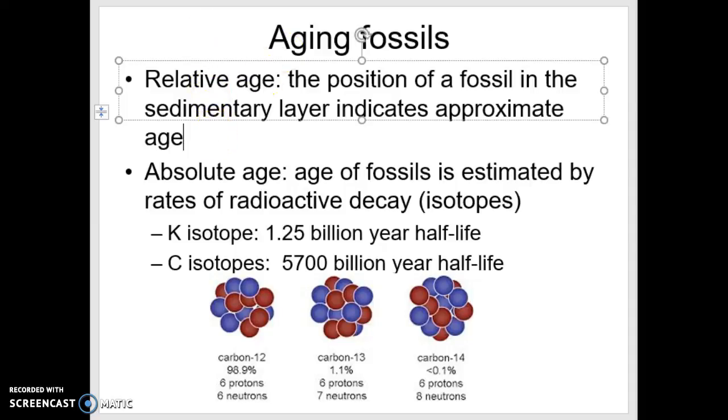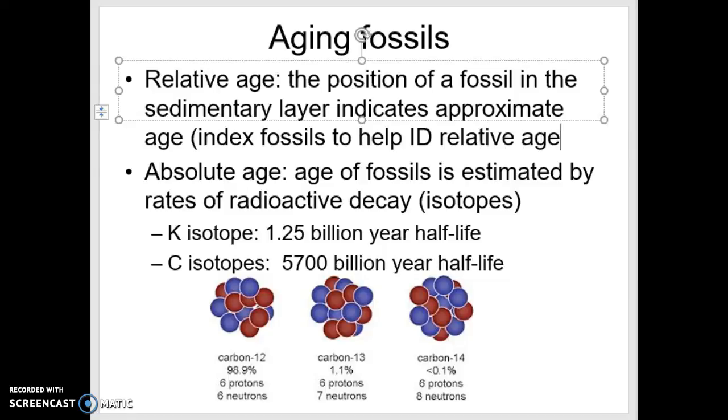Quite often we use index fossils to help identify the relative age of other fossils. So there are certain fossils that we only find at certain periods of the Earth's history.